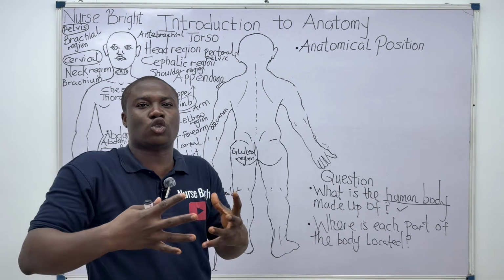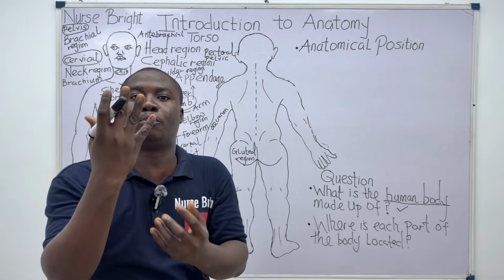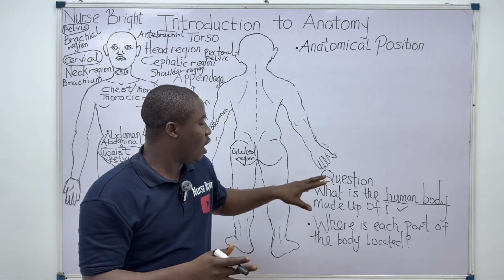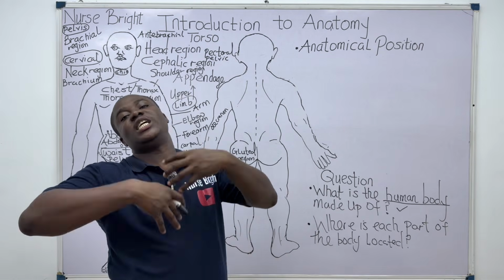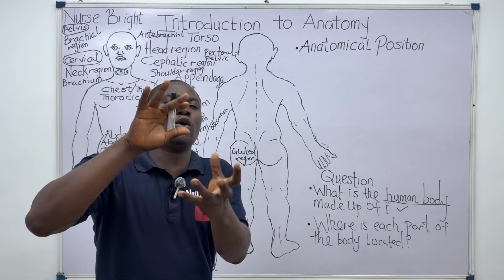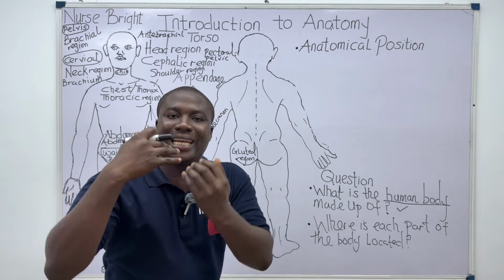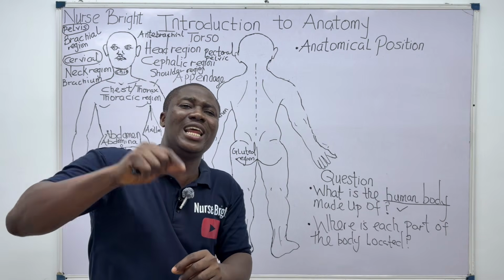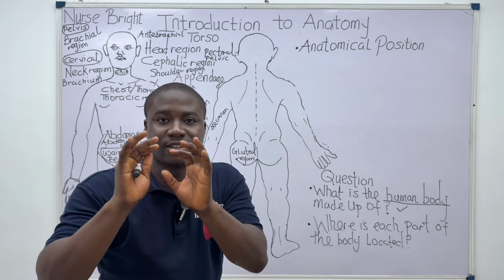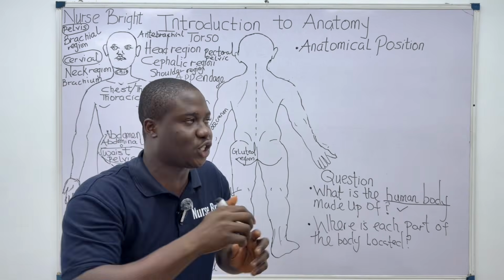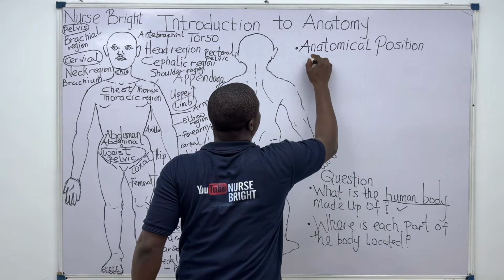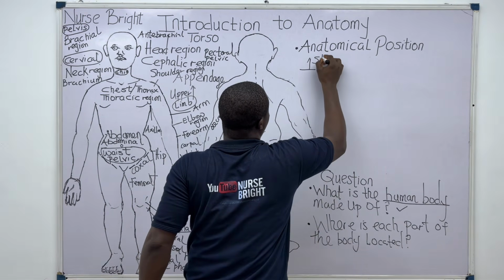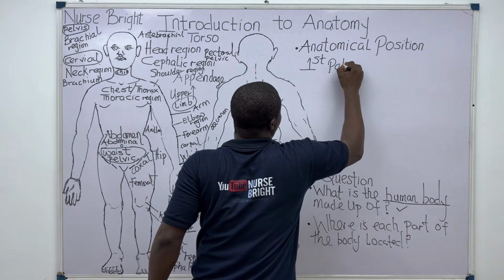Anatomy basically helps us to understand location properly. You can say the question is, where is each part of the body located? So now we are dealing with pain, and the healthcare professional asks three different patients, where are you feeling the pain? These are the responses of these patients.